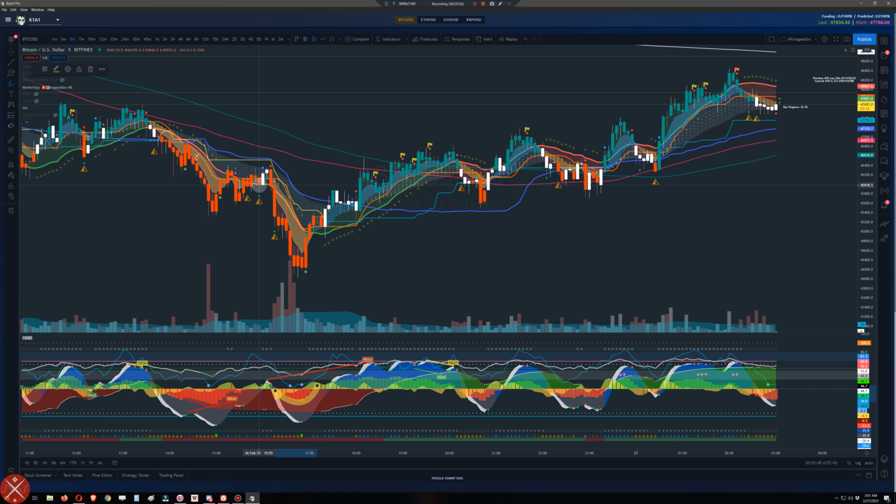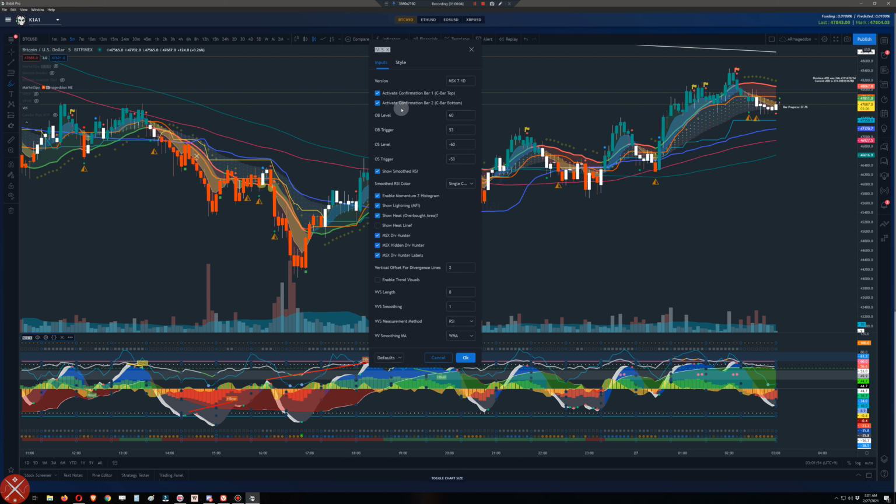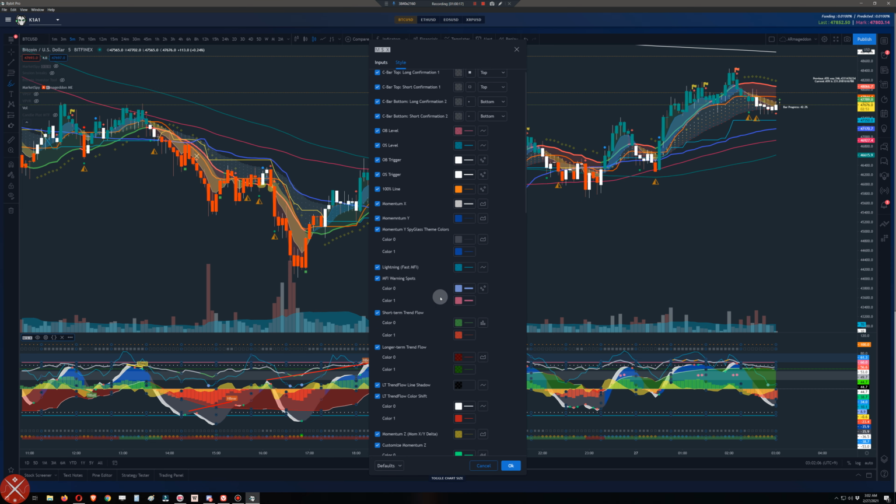Pay attention here when there was a small reclaim and then we fell. Here's the short-term. You know what? Let's do this. Go to inputs. Let's get rid of the histogram to increase the visibility there.